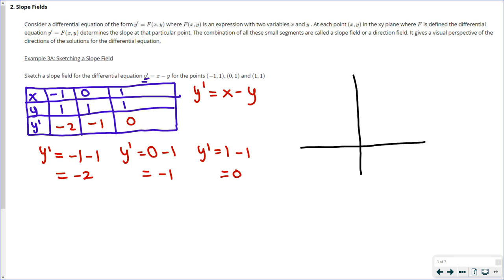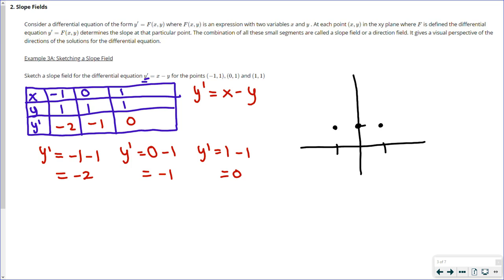So the way we plot this slope field is we're going to plot these points. We have the point negative 1, 1, the point 0, 1, and the point 1, 1. And then we're going to draw a little line segment that pictures our slope.